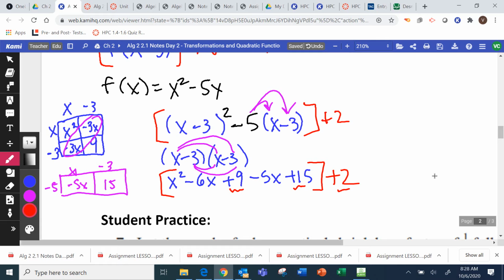Are there any other like terms that we could combine besides the numbers? I think it's 26. Nobody's arguing with me. I hope I'm right. I'm making a video here. Is there anything else I can combine? The x's, I've got a negative 6x and a negative 5x, so that gives me a negative 11x.